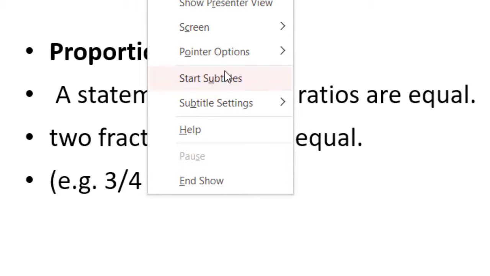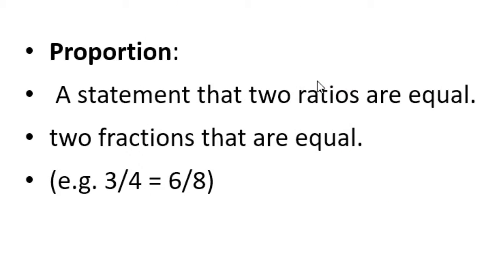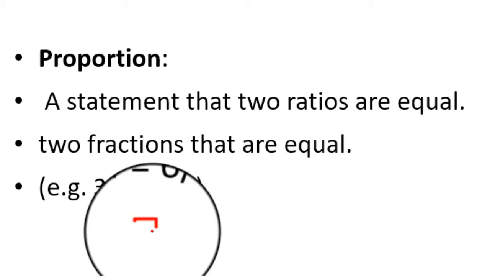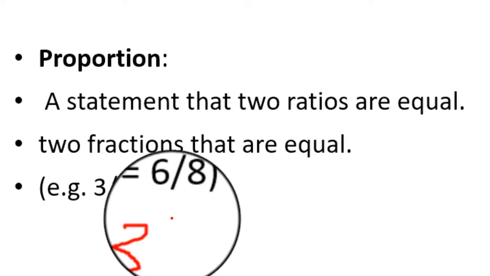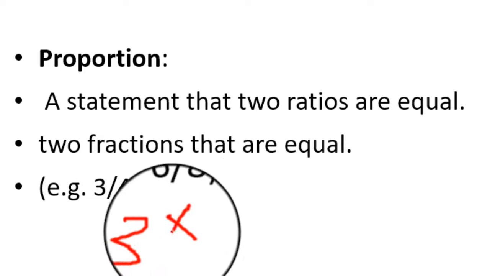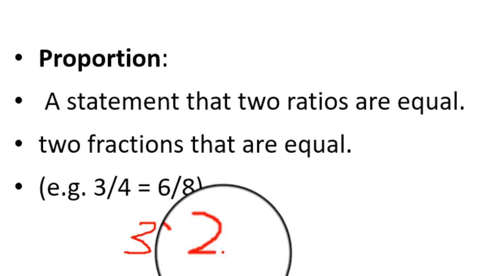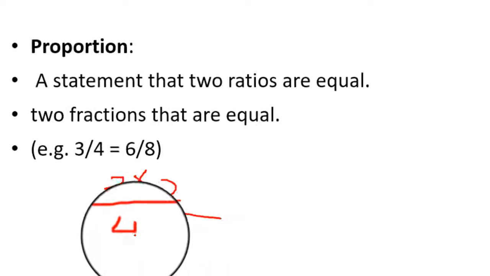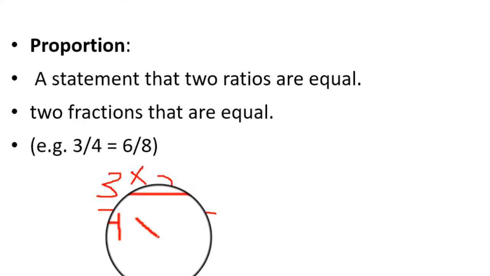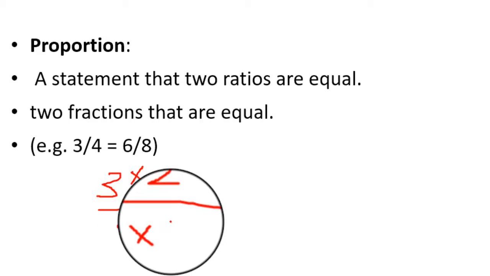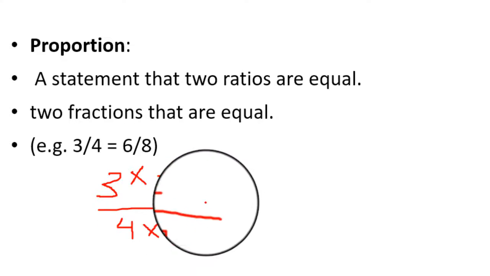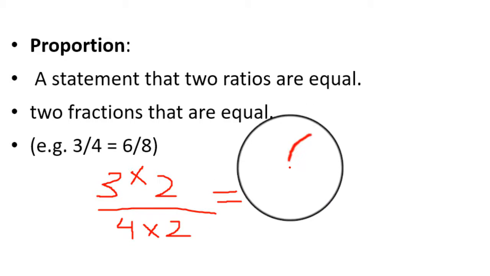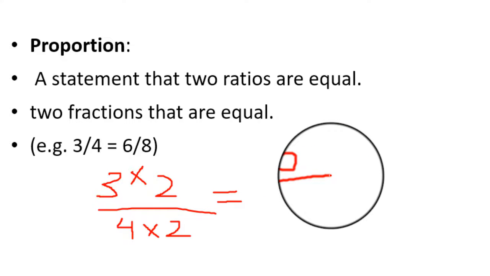How does it come? If you multiply 3 by 2 and 4 by 2, you will get the answers 6 and 8.